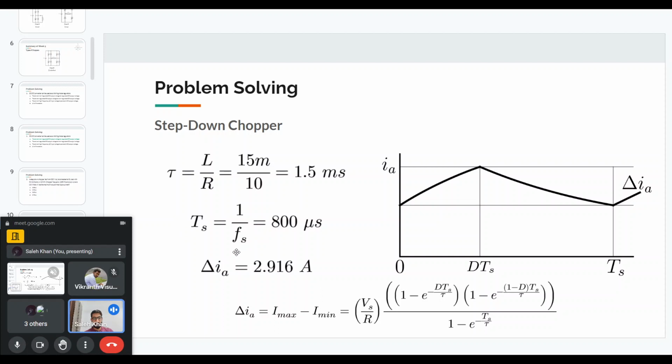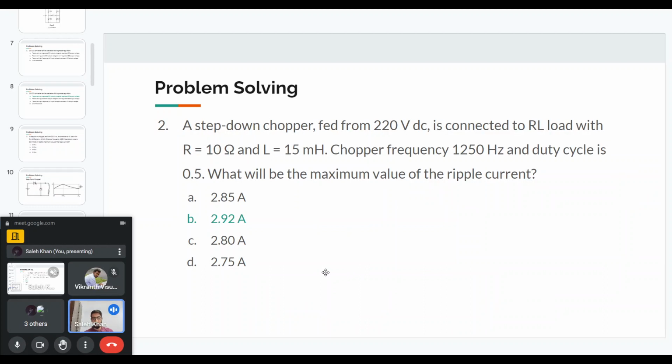We are given the switching frequency, so we can find the time Ts. If you input these values and 220 volts, 10 ohms, you will get the peak to peak ripple of 2.916 amperes. So the answer to the second problem is B, 2.92 amperes.